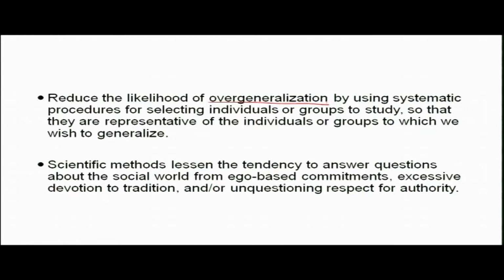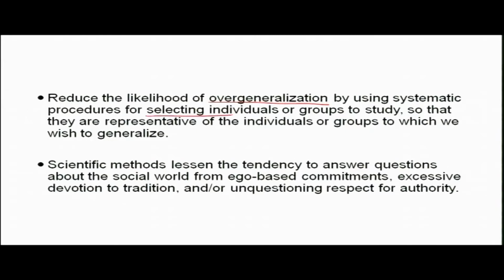because as I keep on saying, we have to understand the social context, we have to understand the context of time and space. So we should not, as social scientists, as social science researchers, we should always reduce the likelihood of overgeneralization by using systematic procedures for selecting individuals or groups to study, so that they are representative of the individuals or groups to which we wish to generalize.